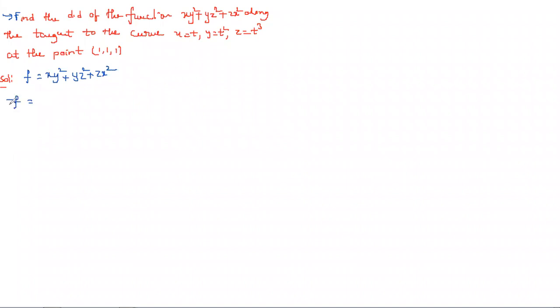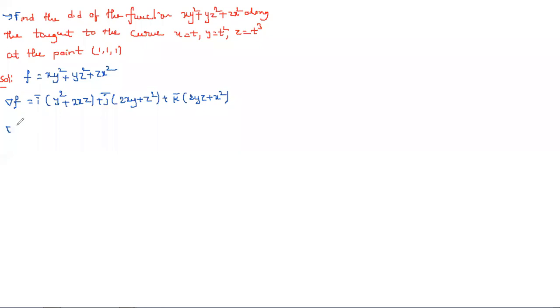So del f is nothing but i into dou by dou x of this whole thing; with respect to x it is having y square and 2xz, plus j into with respect to y, so 2xy plus z square. And then with respect to z, this is constant 0 and here it is having 2yz plus x square. This is nothing but del f.